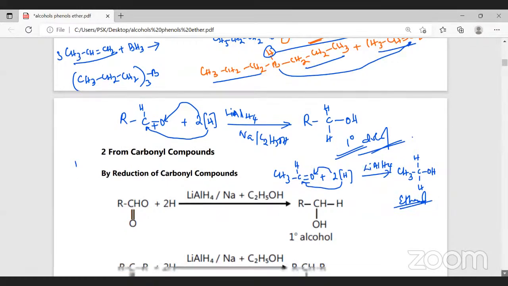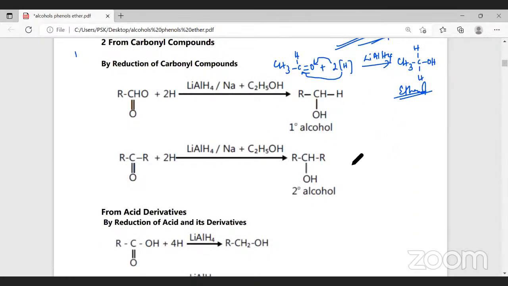Similarly, if you take a ketone, a simple ketone, acetone, I will take. This acetone, when you again reduce using lithium aluminum hydride or sodium amalgam, one hydrogen attacks oxygen, the other hydrogen attacks this carbon.